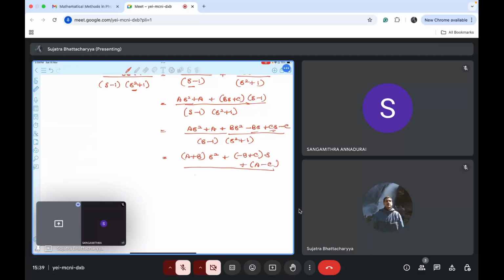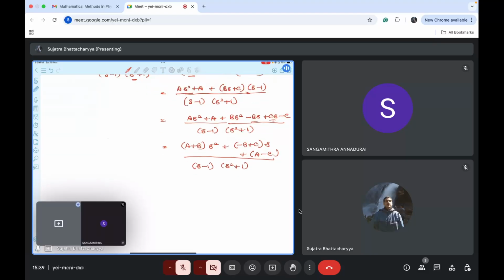In the denominator, you have the same s minus 1, s square plus 1. On the left hand side, you have 3s plus 1 divided by the same s minus 1, s square plus 1. Just now you have to compare.